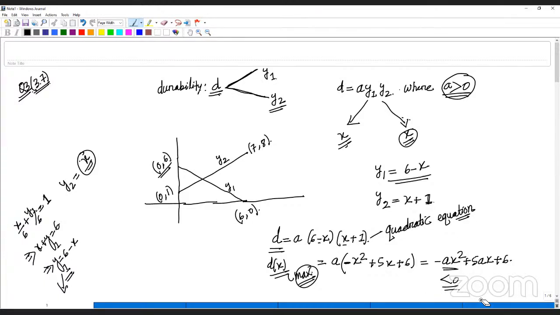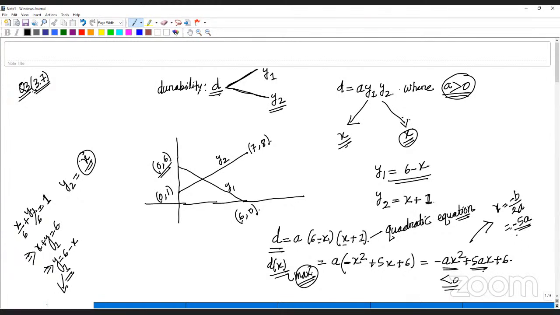So the equation attains its maximum at x equal to minus b by 2a. What is b here? b is 5a.